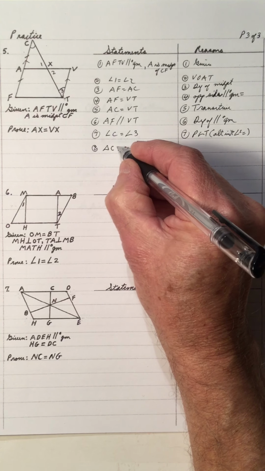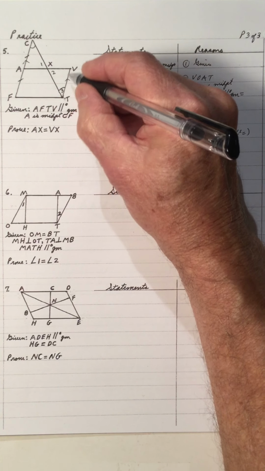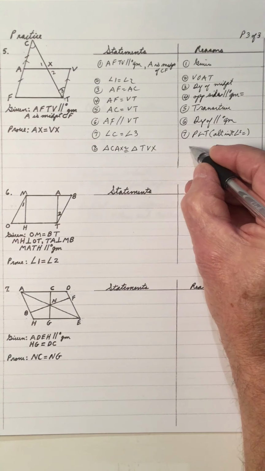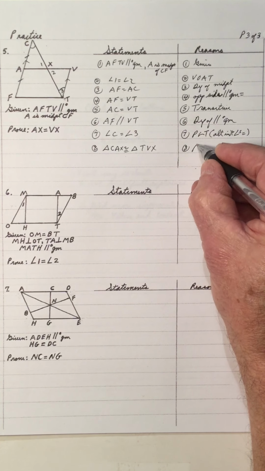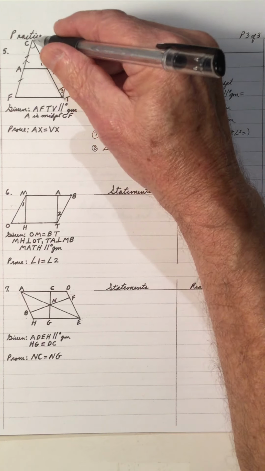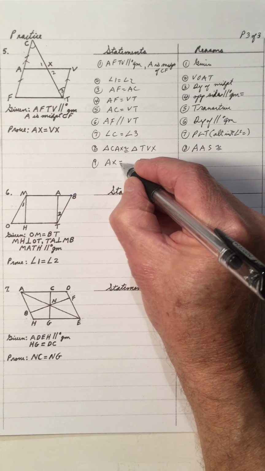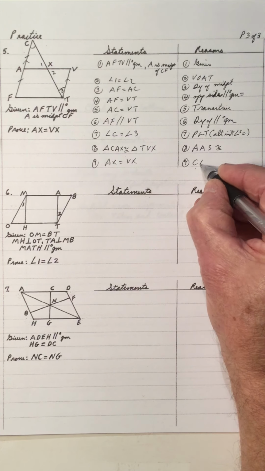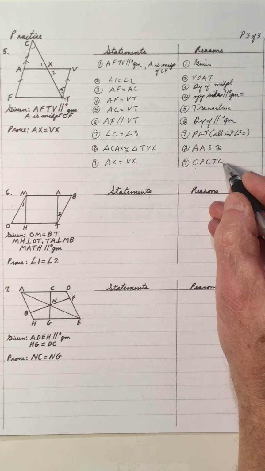Triangles CAX is TVX, and it's an AAS congruency, and as a result, I have two triangles congruent, so I have AX is equal to VX. CPCTC. Corresponding parts of congruent triangles congruent.